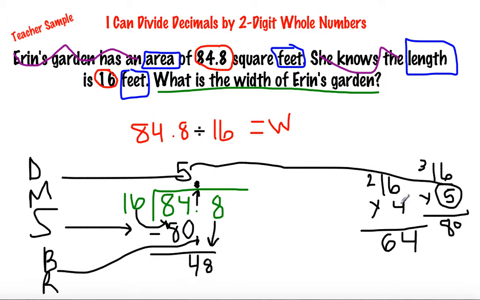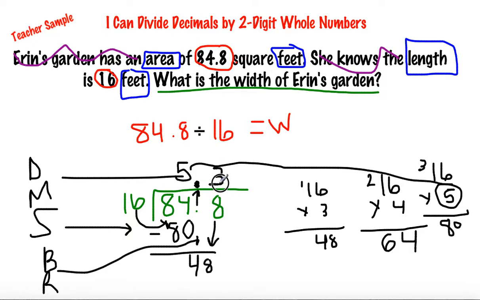Well, I knew 16 times 4 was 64. So it has to be less than 4. Let's try 3. So 16 times 3. Well, 6 times 3 is 18. Carry the 1. 3 times 1 is 3, plus 1 is 4. Yep, 48, that's exactly what I was looking for. So I know 16 can go into 48 3 times without going over.